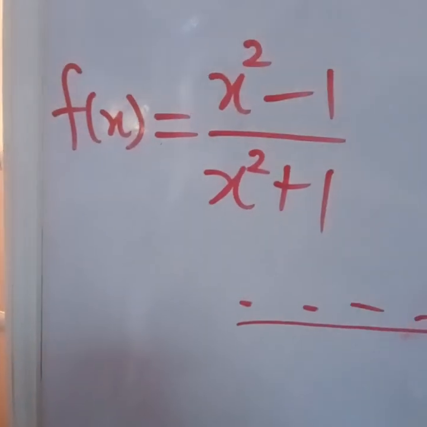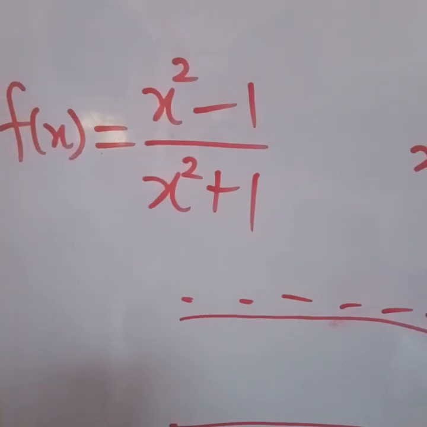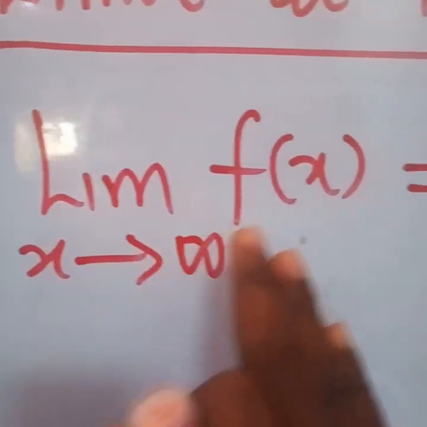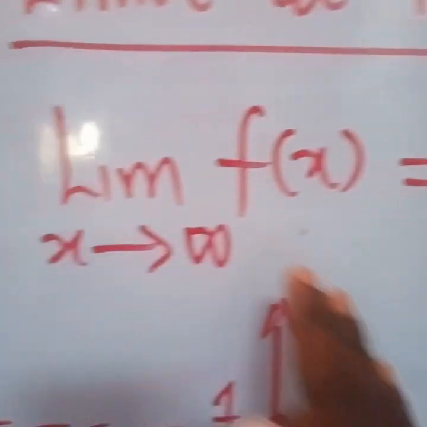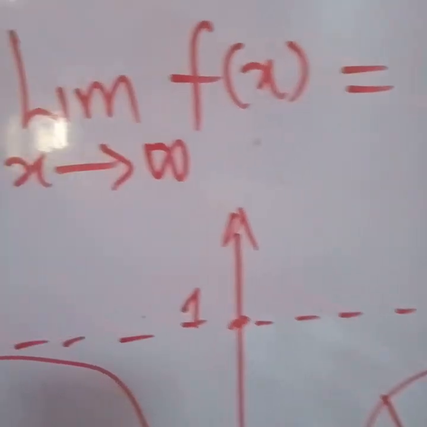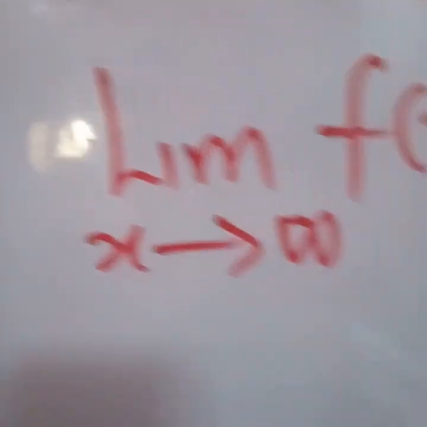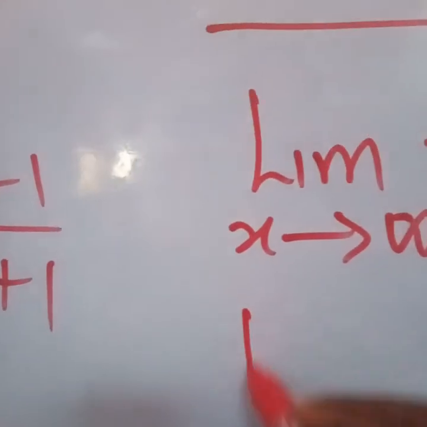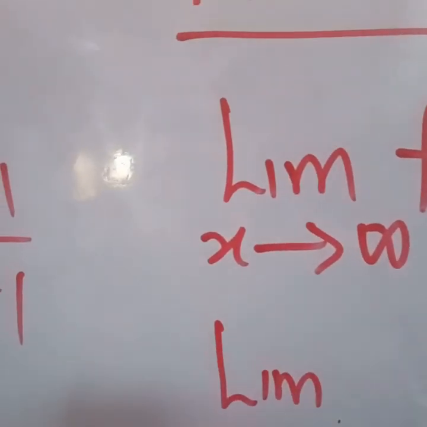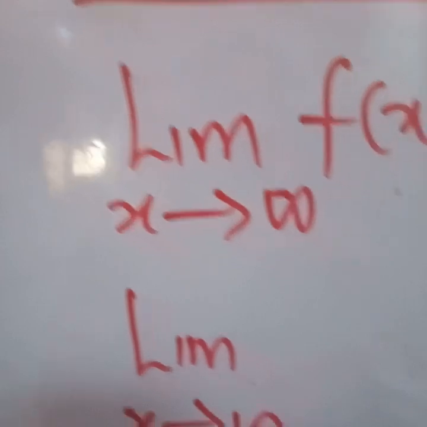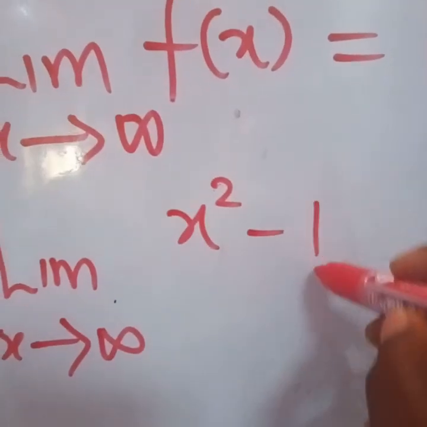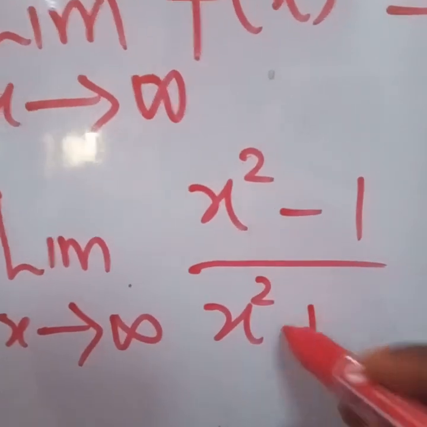This situation can be written in terms of the limit form. We can write the limit as x tends to infinity of the function x squared minus 1 divided by x squared plus 1.